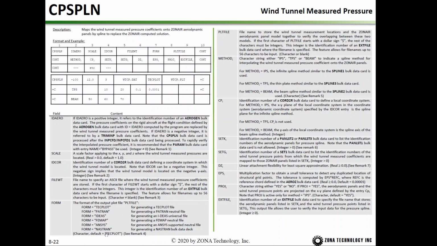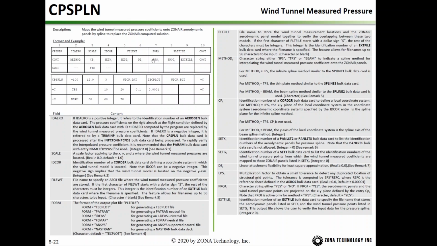Using this format, you can plot it to make sure the ZONAIR model and the wind tunnel CP sensors overlap. The CP spline is done on a component by component basis, so you use this open-ended card.